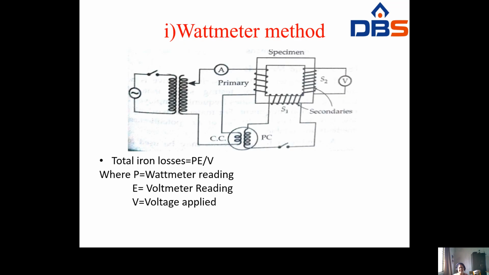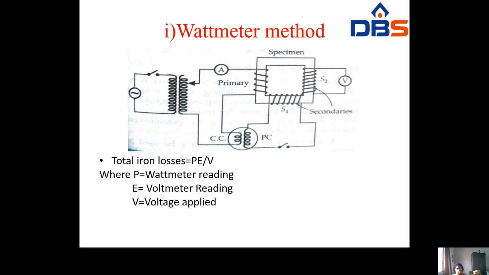This is the construction of the wattmeter method. Here we have one iron specimen with a primary winding of some number of turns and two secondaries, S1 and S2. This is connected to a transformer, and here you have an ammeter.